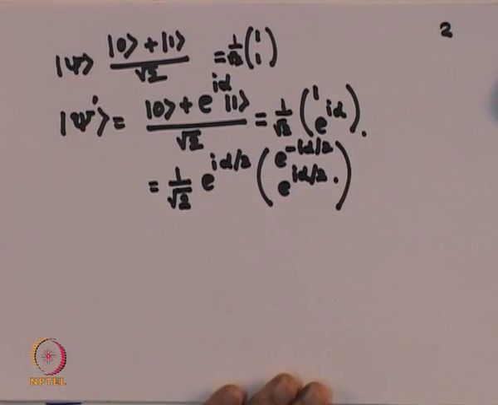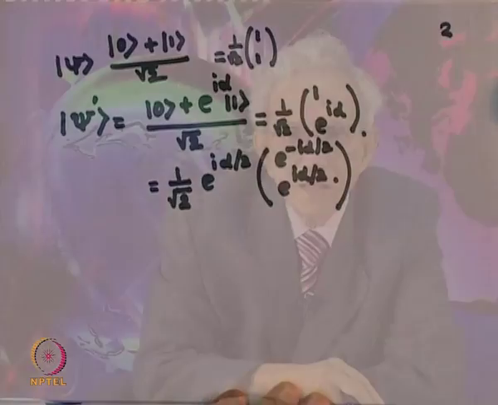Now, if you measure the x component of the spin, we know that this is given by its projection operator corresponding to either the eigenvalue plus 1 or minus 1. So let us look at the probability with which the eigenvalue plus 1 appears.